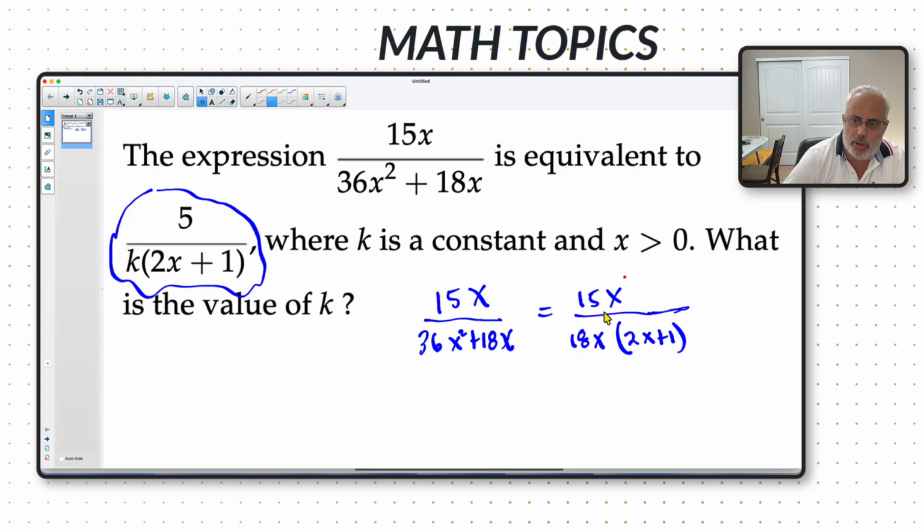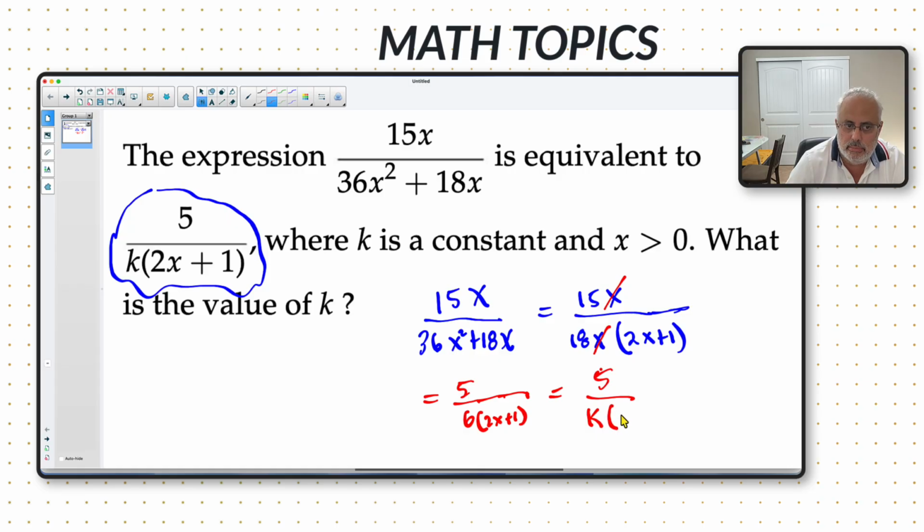X cancels with x. 15 and 18, you can simplify. 15 divided by 3 is 5. 18 divided by 3 is 6. And now is when you bring this second equivalent expression to the game. And now the students can see the whole structure and they can say k is equal to 6.